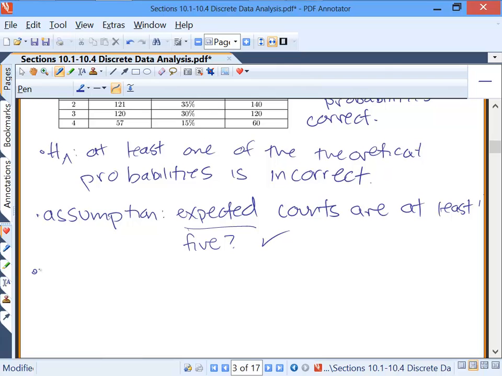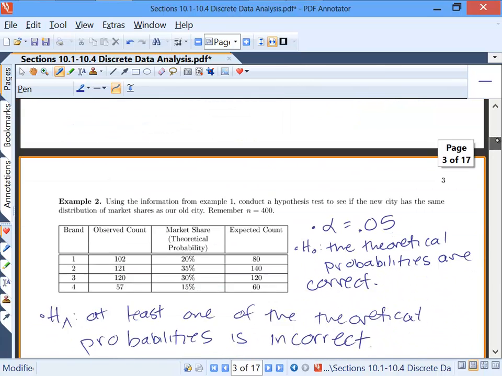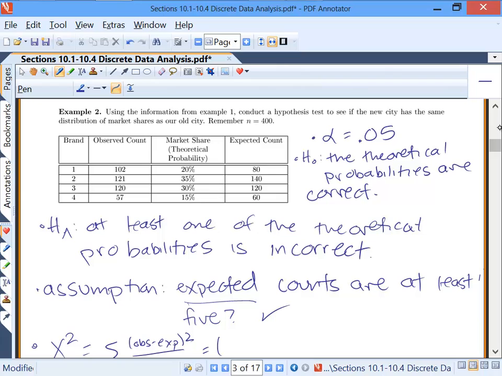What always comes next in the hypothesis test? The test statistic. So it's our chi-square test statistic, and it's the sum of the observed minus expected squared divided by expected. And we're just going to do that for each group. Okay, so for my first one, observed is 102 minus the expected, which is 80, squared.